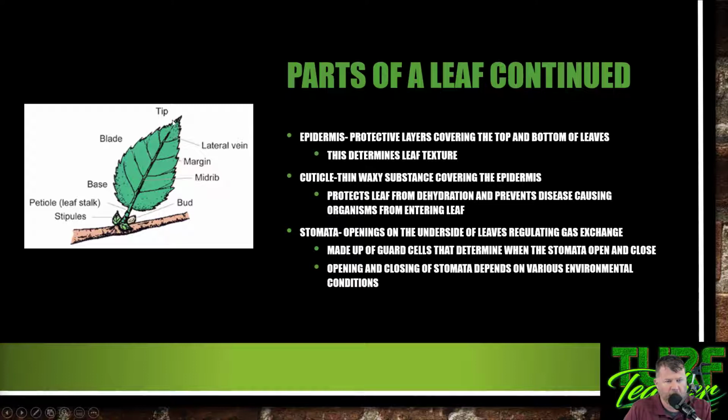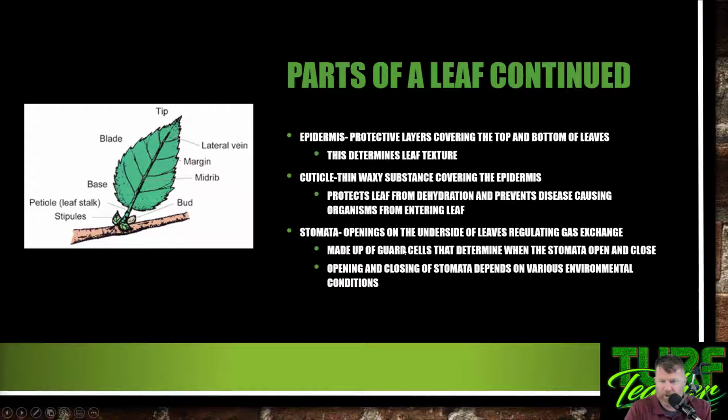The margin is what goes around, and there's multiple margins that can be on a plant. The petiole is this little stem or leaf stalk right here that a lot of us would call the stem of the leaf. And then you have your stipules here at the base of it. So a good diagram here of a leaf coming off of a stem or branch.